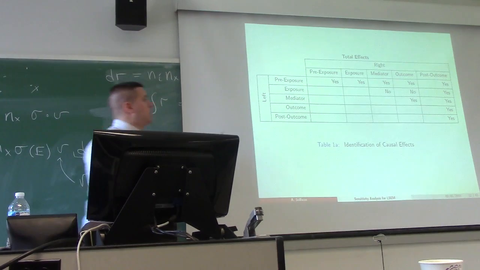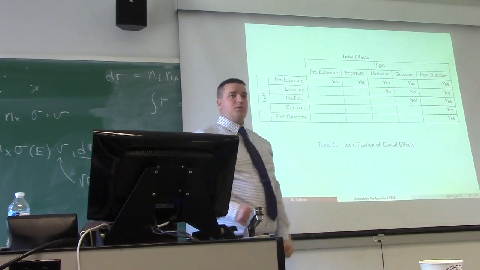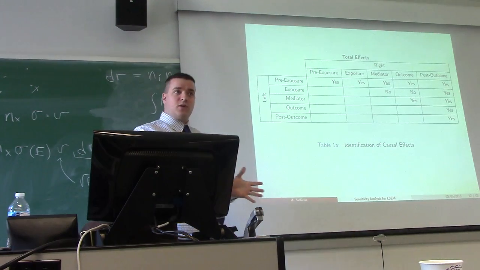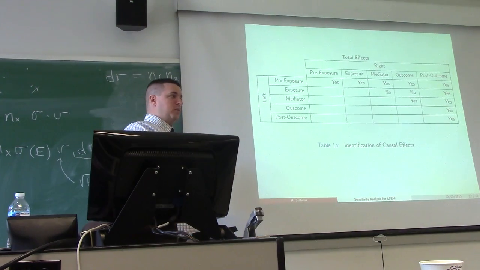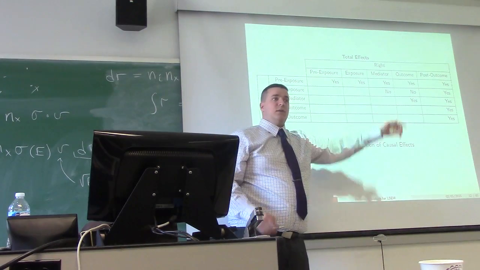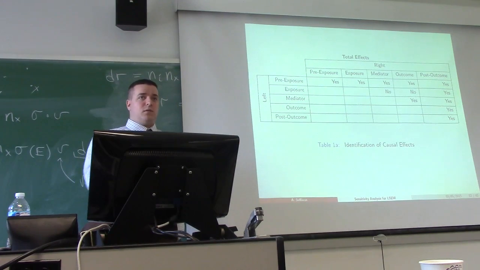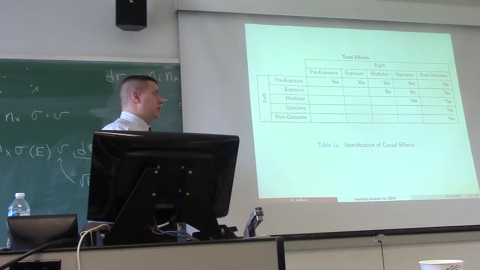And if the confounder has a left arrow that's pre-exposure, so something that happens before we even start our study or before the person is exposed to something, it doesn't impact the results at all. So they can have an unmeasured variable with a left arrow into the pre-exposure, and it doesn't change anything. There's no bias in the model, it doesn't impact the results.